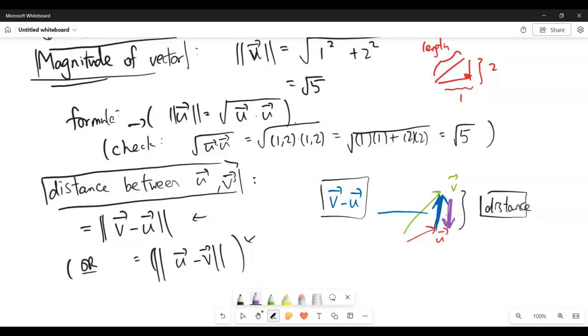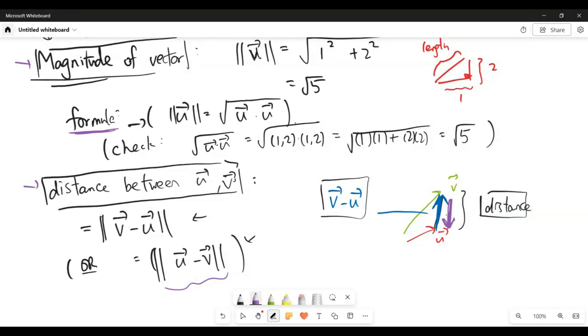But in terms of length, the blue and the purple are the same. So you see this page. I just gave you two different applications of the dot product, because whenever you compute the magnitude, we can think of the formula by the use of the dot product, because it's the square root of the dot product.